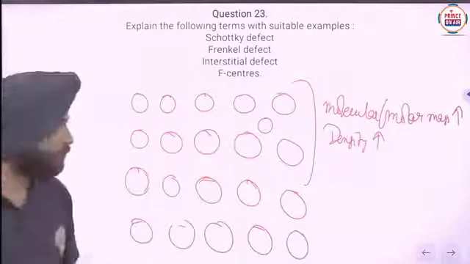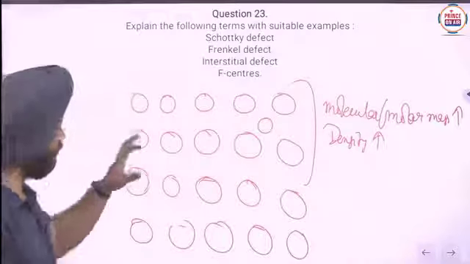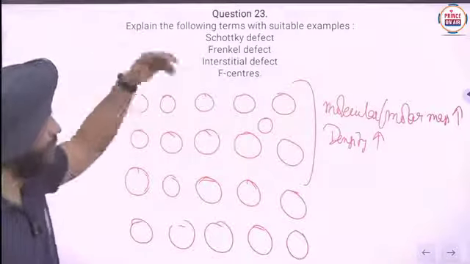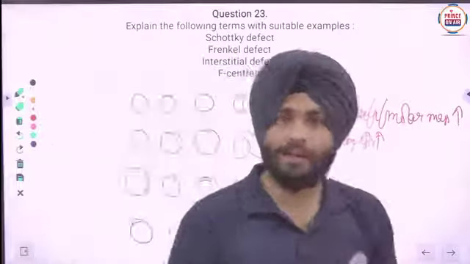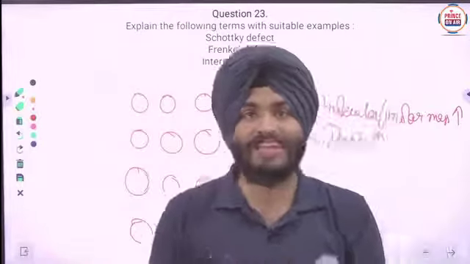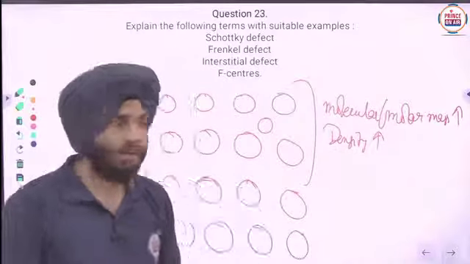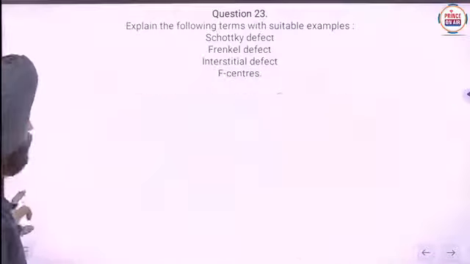Clear? Here, from external sources we supply external elements or atoms, and they occupy the interstitial sites.